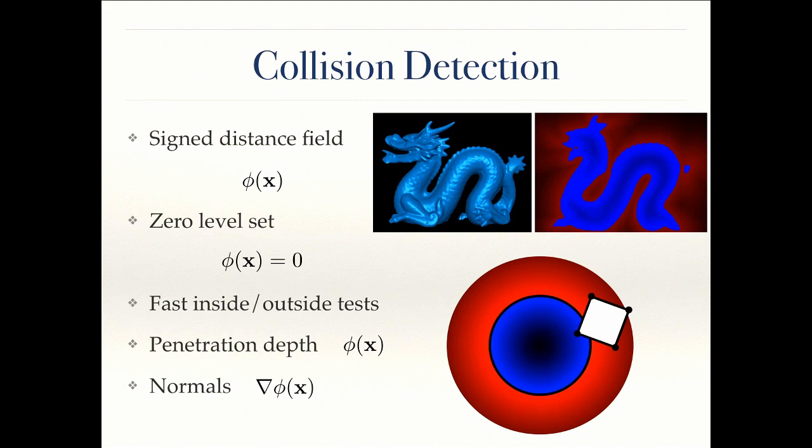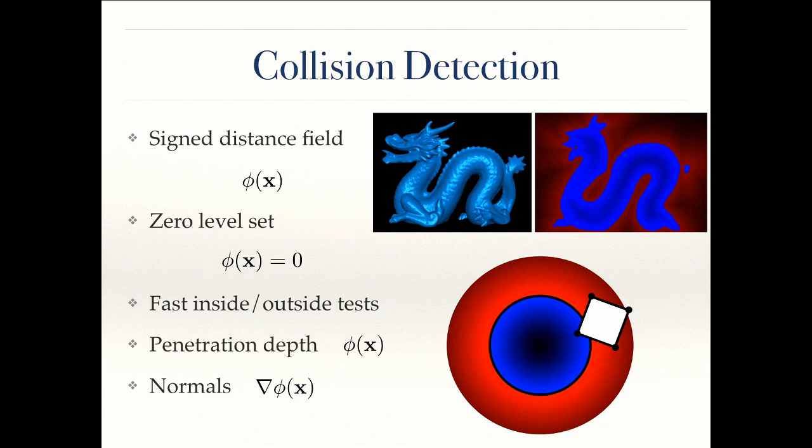If I plug this vertex in here and I get a negative value, I know I'm inside the circle, and I know I've detected the collision. Whereas if I take this vertex and plug it in here, I'll get a positive value, and so that tells me that vertex is outside.